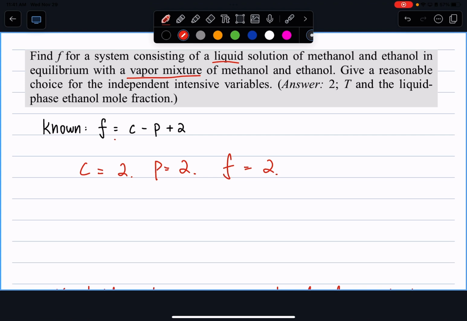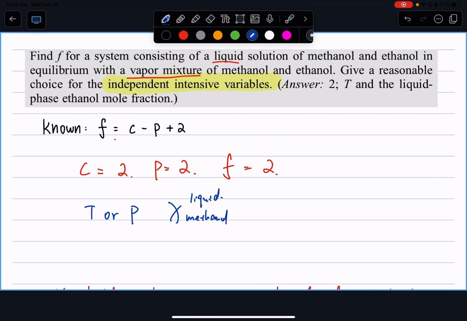And in here, you want to think about what are the reasonable choices for independent intensive variables. So that means, first of all, we need to have one component that tells you about the thermal and mechanical equilibrium. So here, T or P. And you want to know in that liquid, what is the mole fraction? So it tells you that chi liquid.